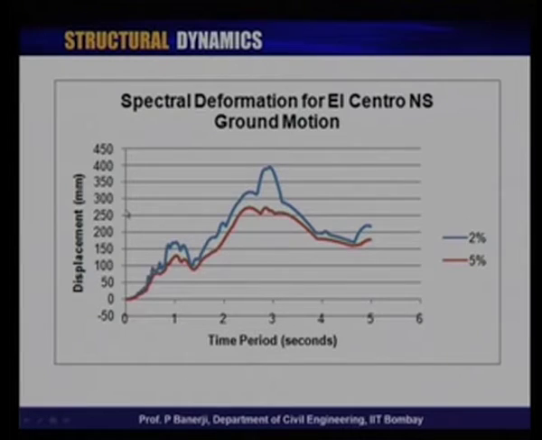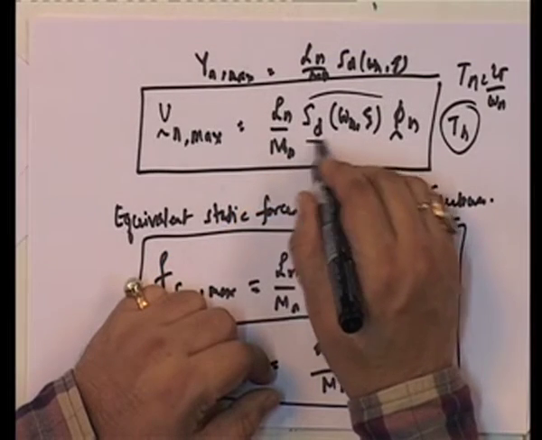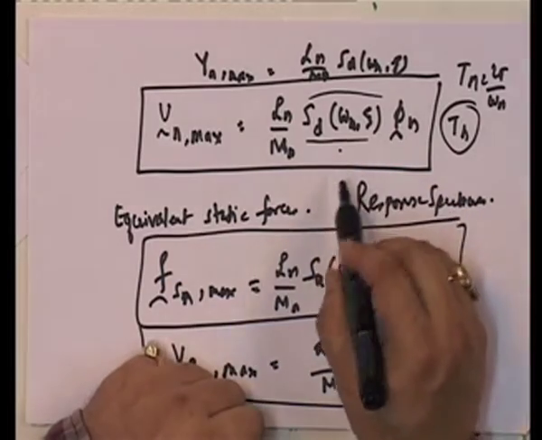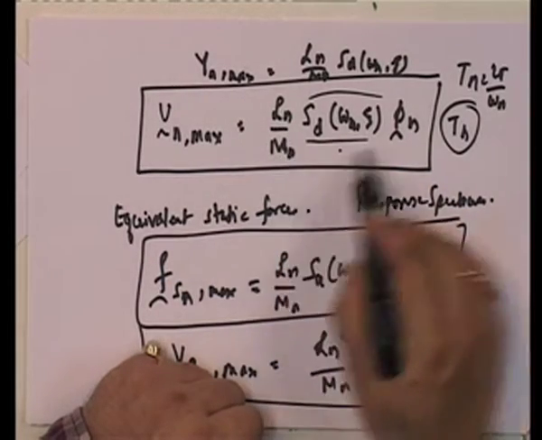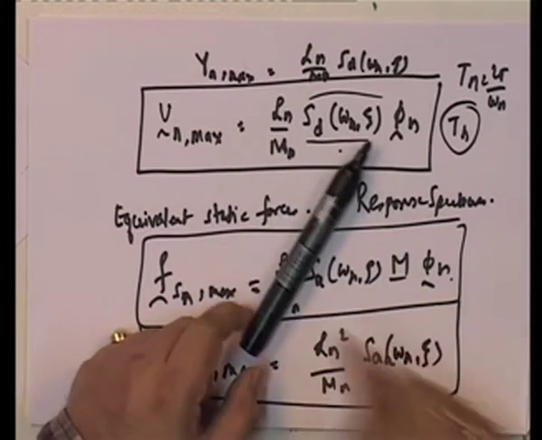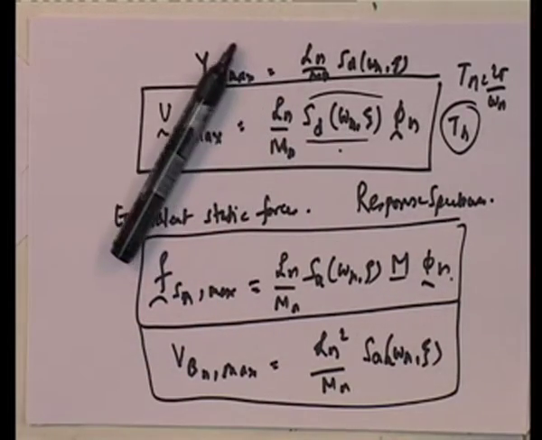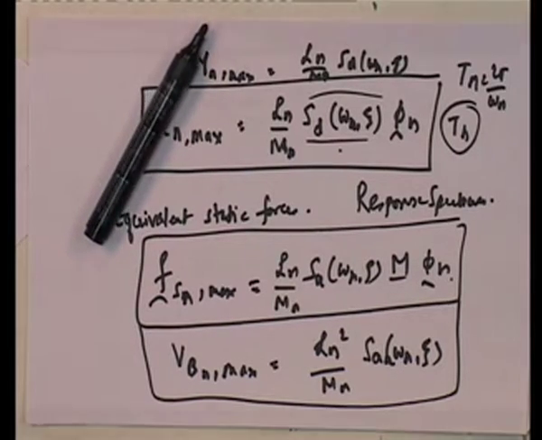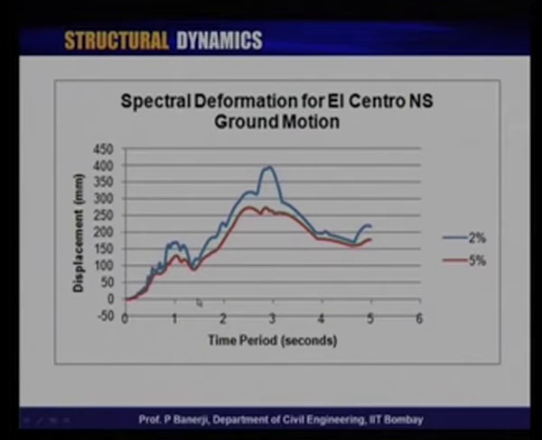So what you do is you take 260 millimeter for the first mode, and then you find out L1, M1 and Phi1 and you've got your V1 max. Then you go to the second mode, which let's say is 1.5 seconds. If you take it as 1.5, we come here and we see 100.